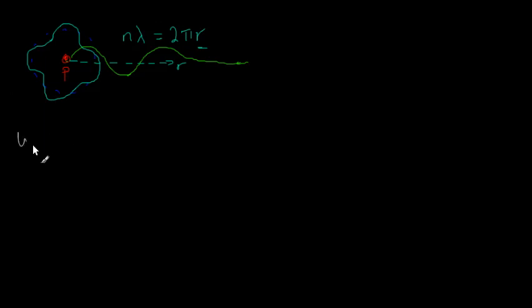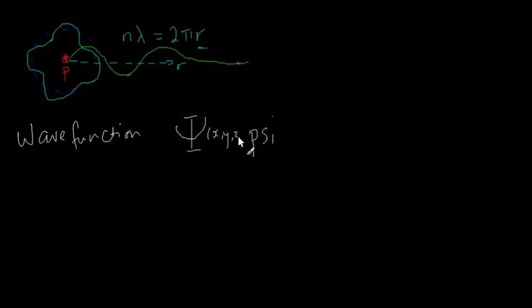Let me write down this word, a wave function, which is essentially a function usually denoted by the Greek letter psi, pronounced psi. It's basically just a function of x, y, and z, of this three-dimensional space.